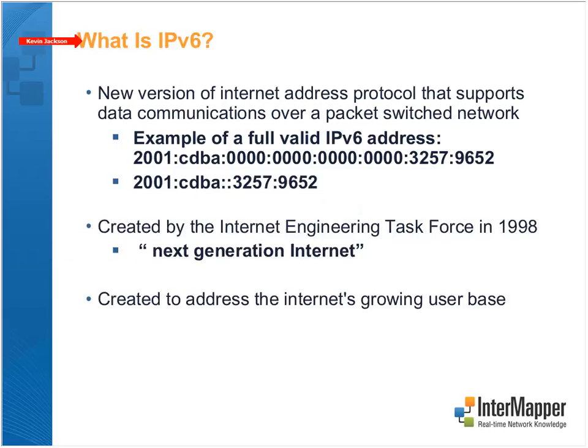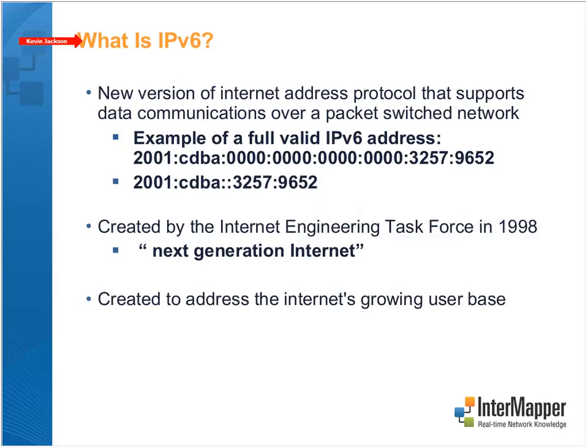So in order for us to know what IPv6 is, we want to know what the problem is. The current problem we're having is the current Internet protocol, IPv4, is running out of IP addresses. So there is a considerable amount of IP exhaustion on the IPv4 platform.